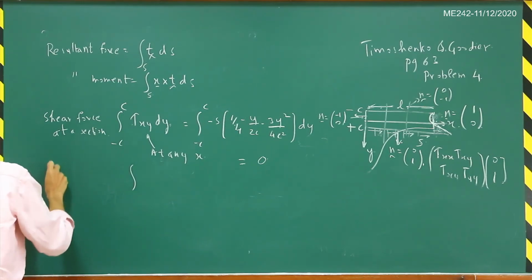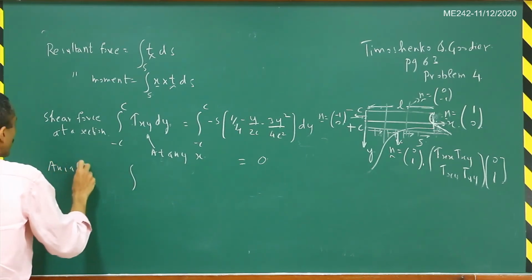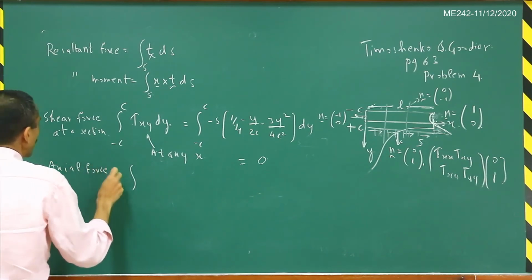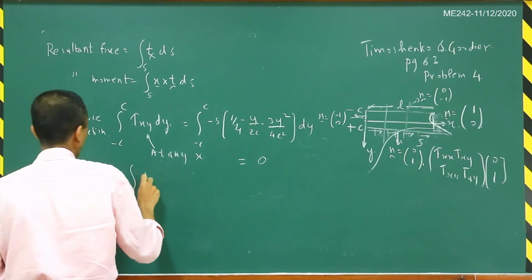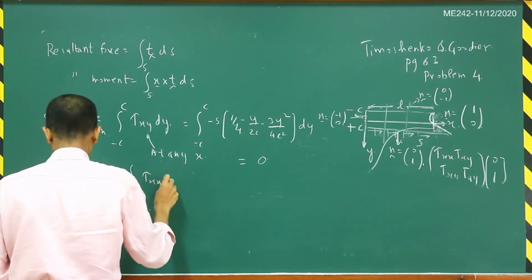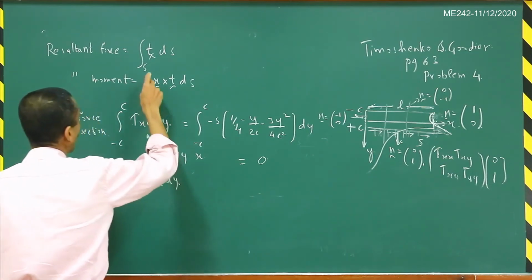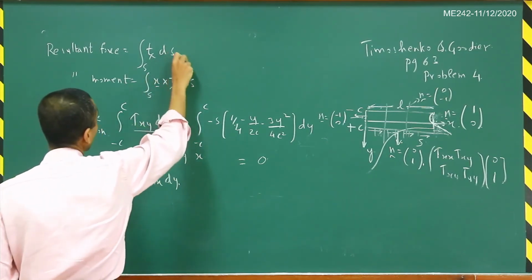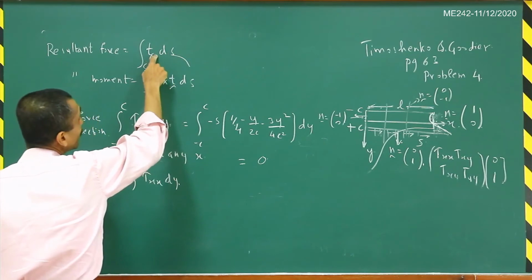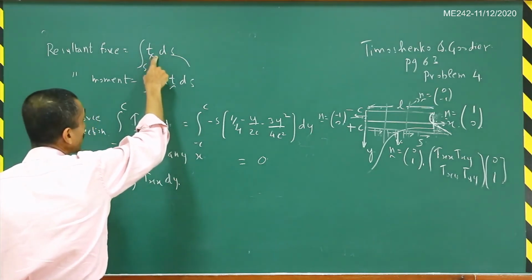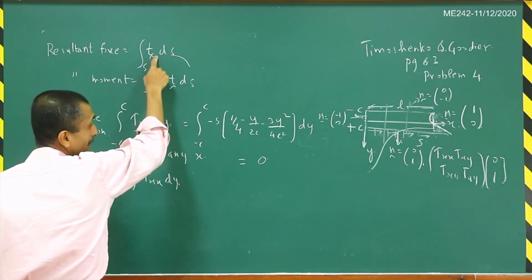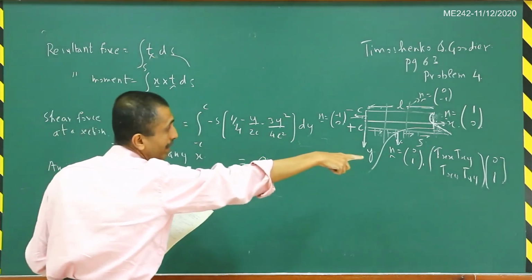So the axial force would be the integral of tau xx times dy. This one is also coming from this, right? So this is the ty component, that is ty is nothing but tau xy, right? So that we had shown there.